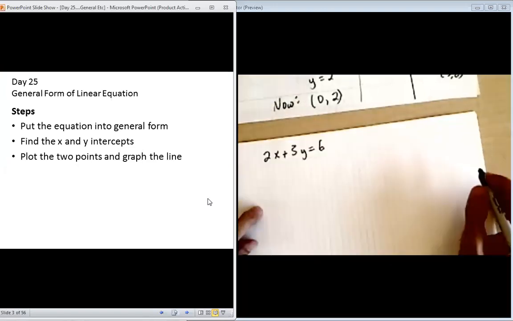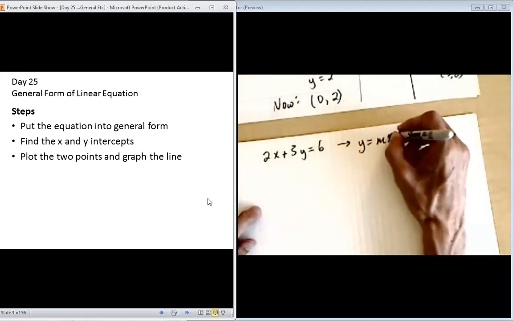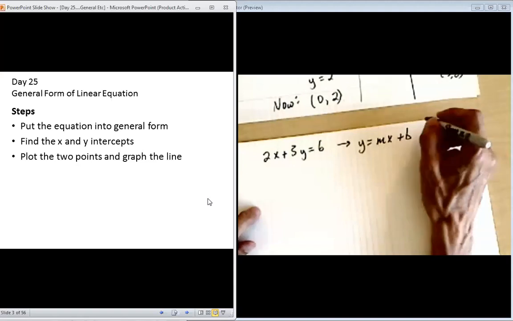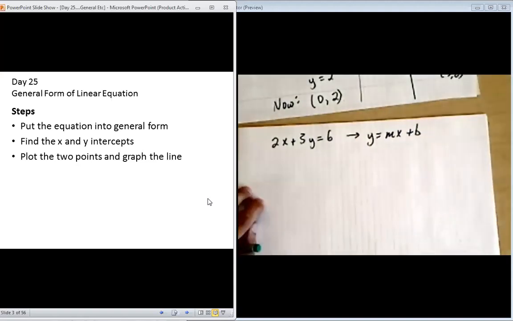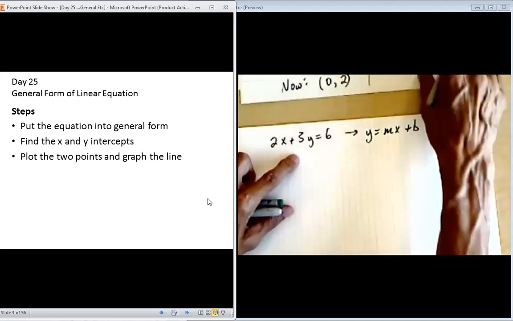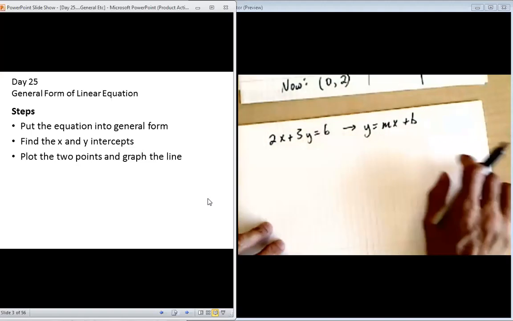Now help me out. Let's change this to y equals mx plus b. So let's rearrange this so we have y by itself looking like the slope intercept.